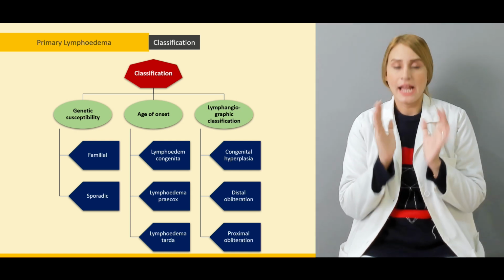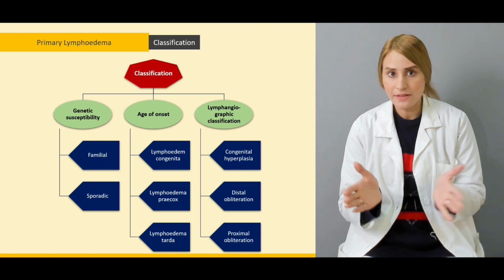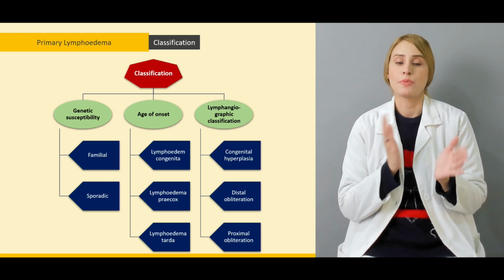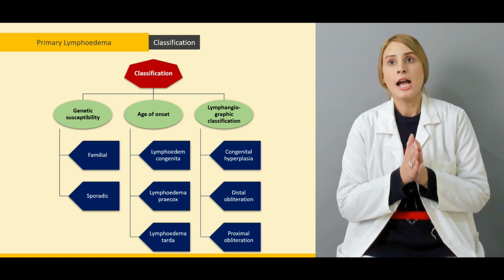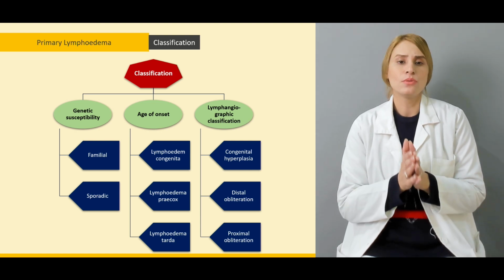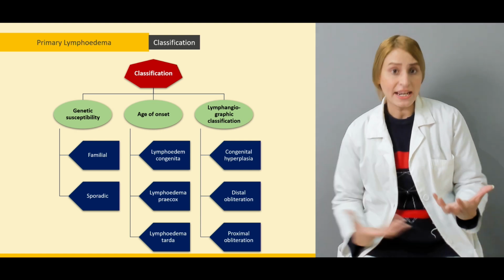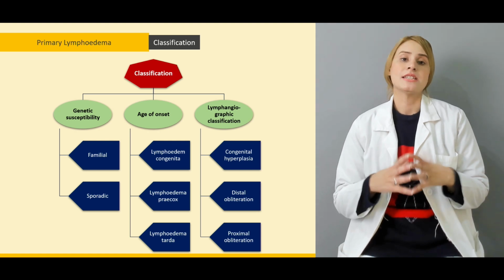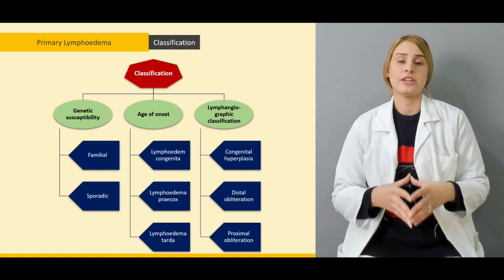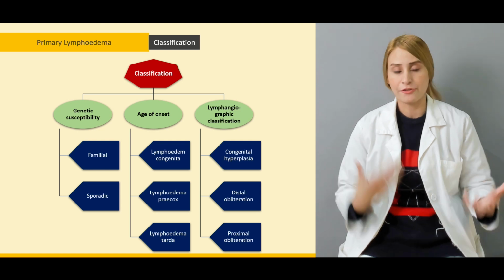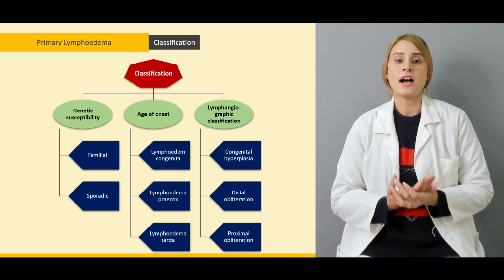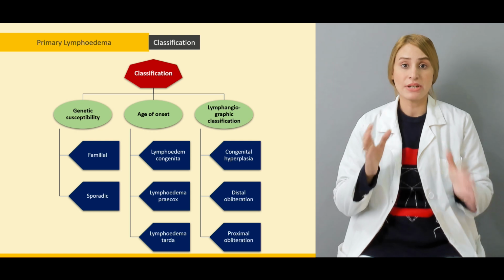There are many classification systems which were followed in the past, but as a rule, there's no well-defined classification system to be followed in case of lymphedema. But just for our ease, we divide this on the basis of three things.